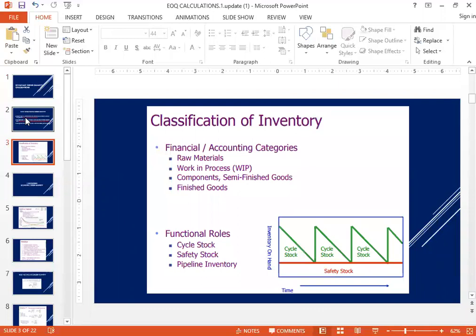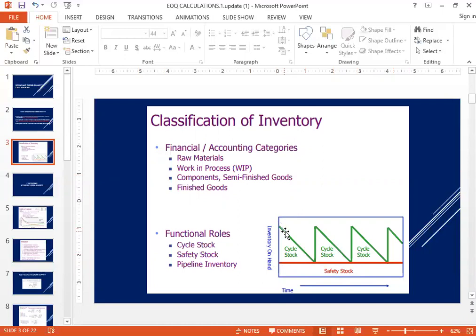If we look at this graphically, on this slide, we can see that there's inventory on hand and there's a timeline. A company is going to keep some safety stock, and then they're going to order an EOQ amount.